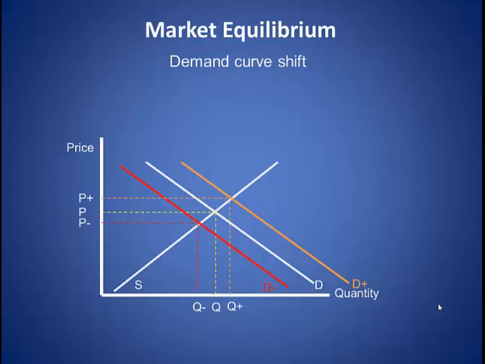Now, we're going to take a look at what happens in the case of a demand curve shift. When a demand curve shifts, what happens with market equilibrium? Here's an illustration. If we take a look at the white line, that's our original demand curve, the white one with the D, and we can look at where it intersects with our supply curve, at P and Q. That's our market equilibrium.